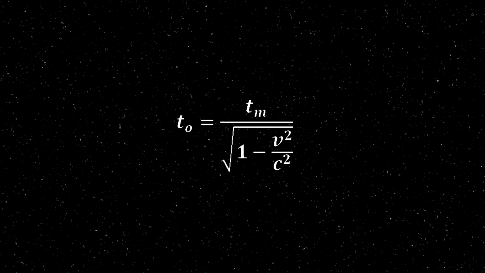Now if we always call the left side of the equation T observer, we will always assume that we are looking in the frame of reference of the observer, and we will look at the times that have elapsed on other clocks according to the observer. And in the next videos we will find how that changes if the observer changes as well.